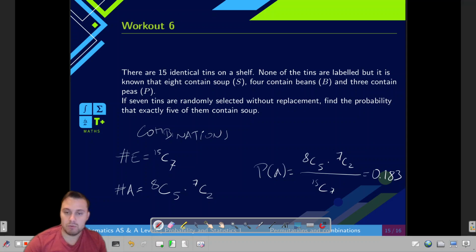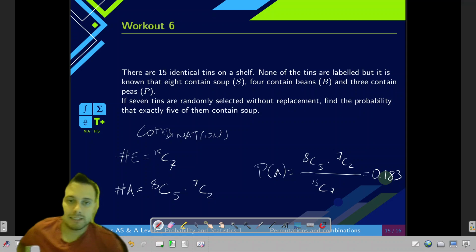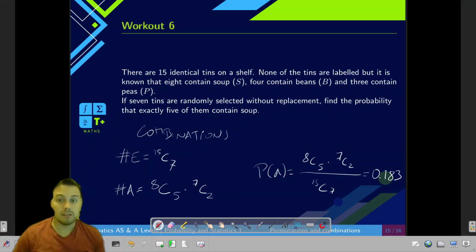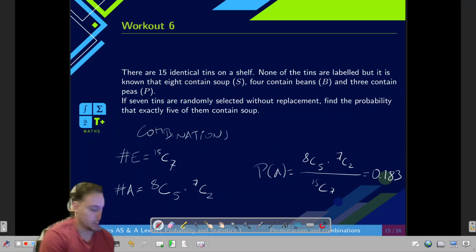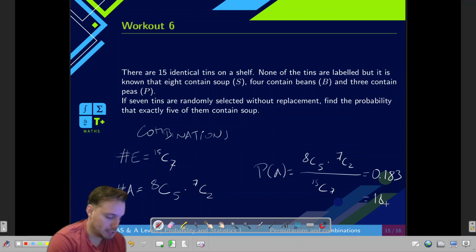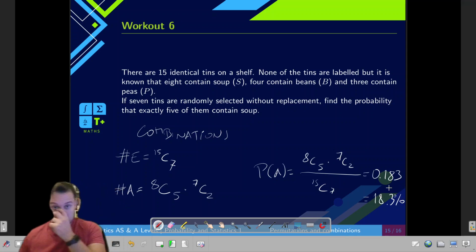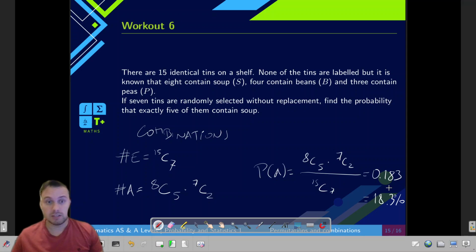Remember that we have been working with integer numbers so far, but now that we have probabilities, they are expressed as a decimal number from 0 to 1, so expect decimals. Or if you want to, you can turn this into 18.3%. That is also fine, but just to remind yourselves of how to express things in probability.